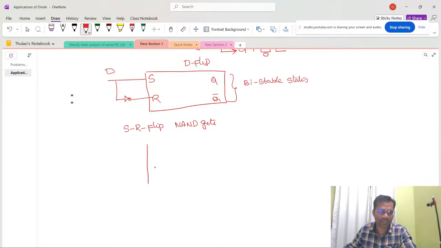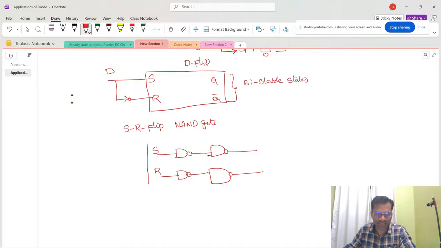I'm going to have an S here and an R here, and here one NAND gate, and here one more NAND gate. These are connected like this, two NAND gates connected in cross coupled form. This is one input and this is another input.